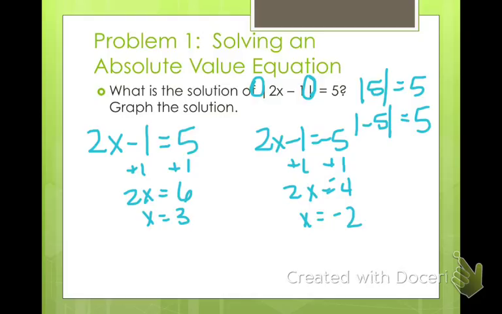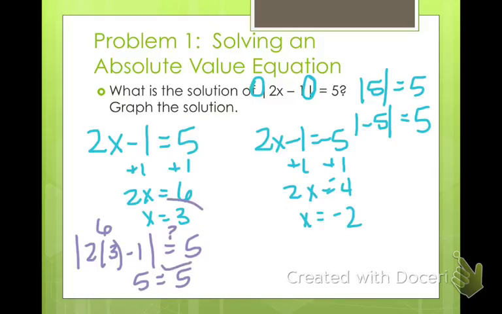Now we have to check both of these to make sure that they work. We go back to our original, 2 times 3 minus 1, take the absolute value of that. Does that equal 5? Well, 2 times 3 is 6, and 6 minus 1 is 5. Absolute value of 5 is 5, so 5 equals 5. So good, 3 is a solution.